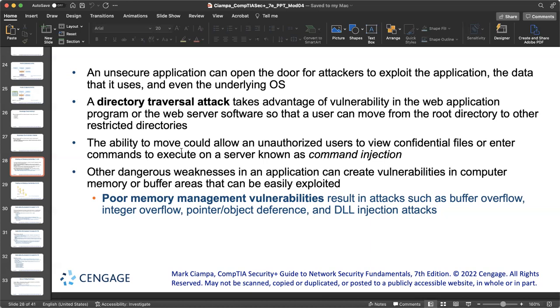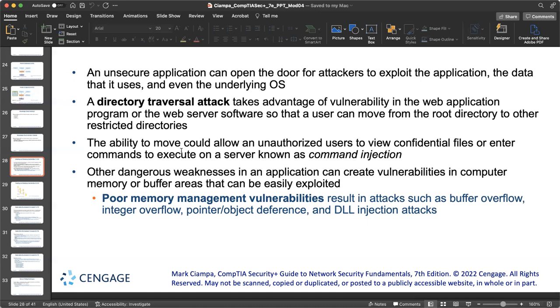A directory traversal attack is also a very powerful attack in providing a foothold so that you can conduct lateral movement through the rest of the system.